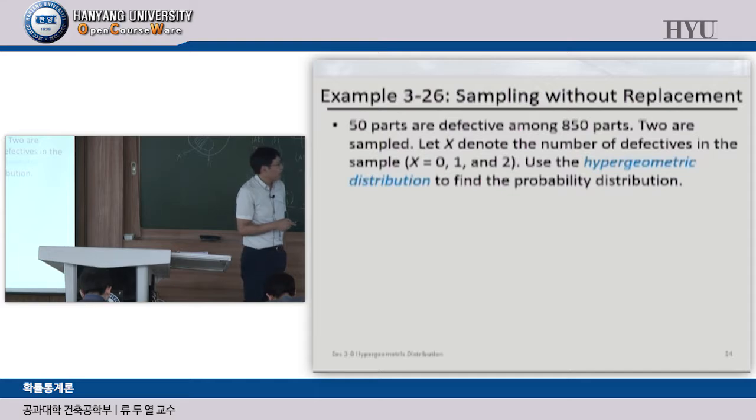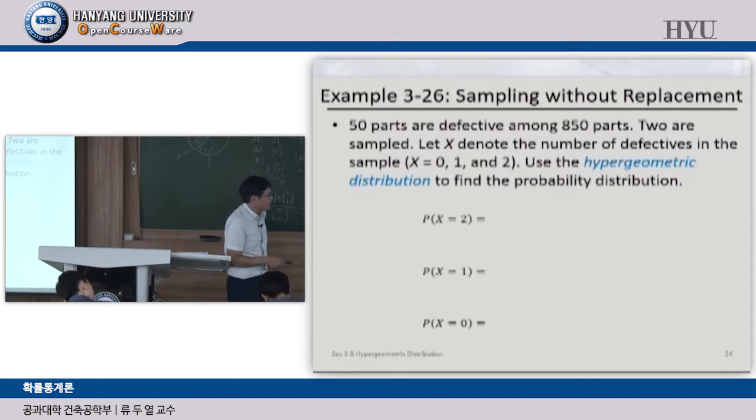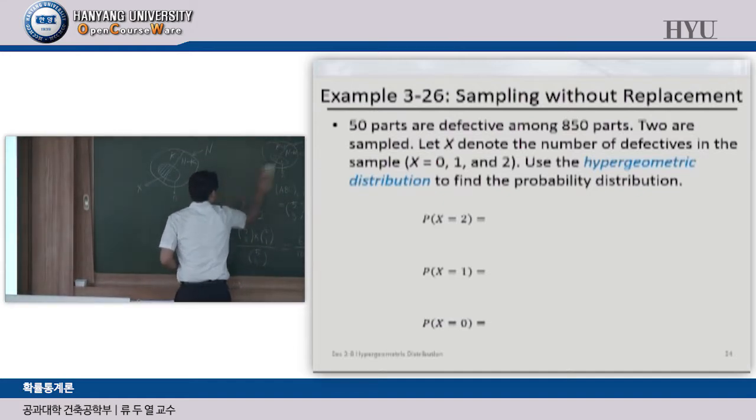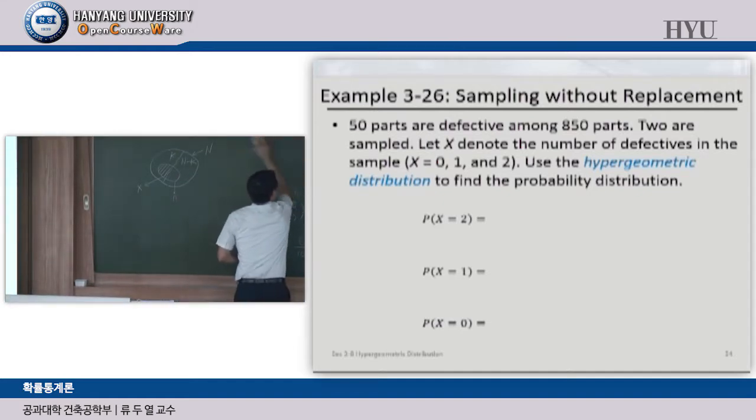Use the hypergeometric distribution to find the probability distribution. For this case, we have 2 samples, so x can be 0, 1, or 2.